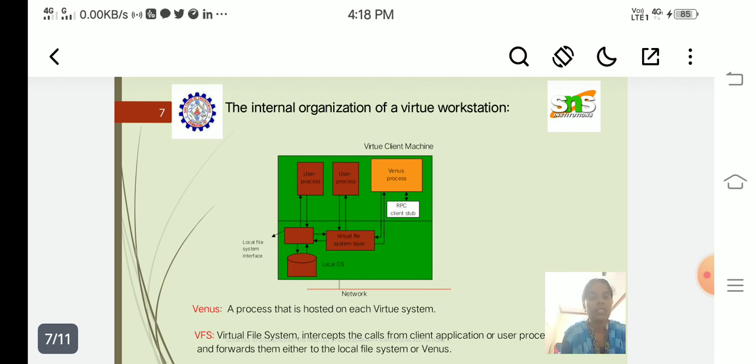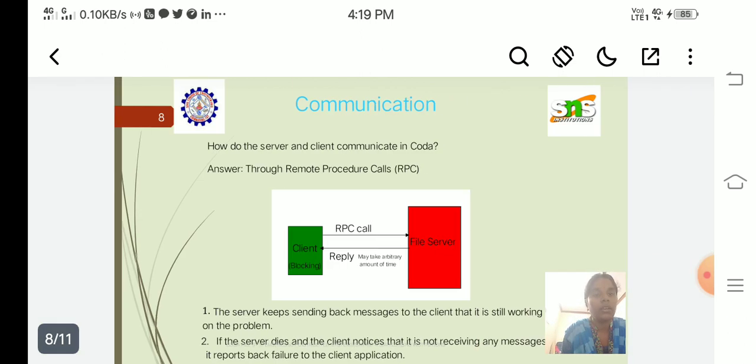Venus is a process that is hosted on each virtual system. The virtual file system intercepts calls from the client applications or user processes and forwards them either to the local file system or to Venus.